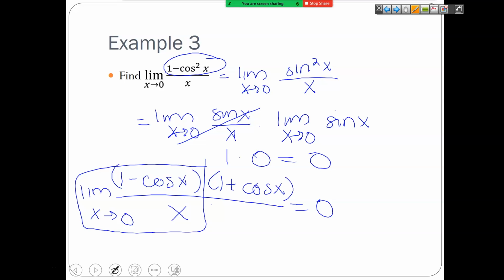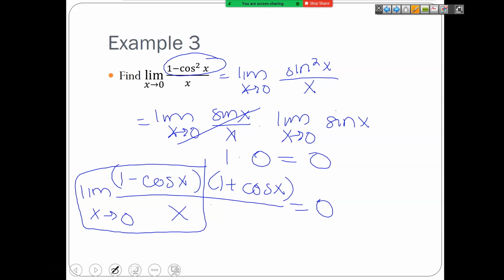Okay, and then example 4, guys, that's a squeeze theorem. So you have h of x equals negative x squared, f of x equals x squared times cosine 10 pi x, and g of x equals x squared. Use the squeeze theorem to show that that is all equal to 0. So once again, the idea is that you want to look at all 3 limits and their function values.